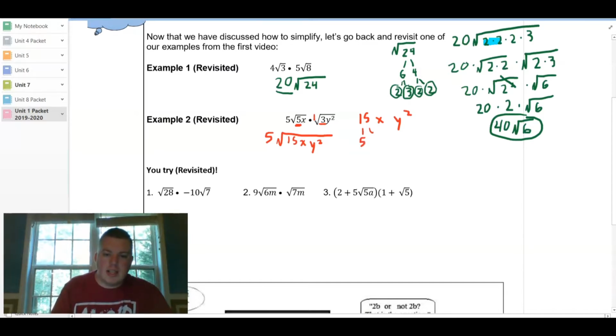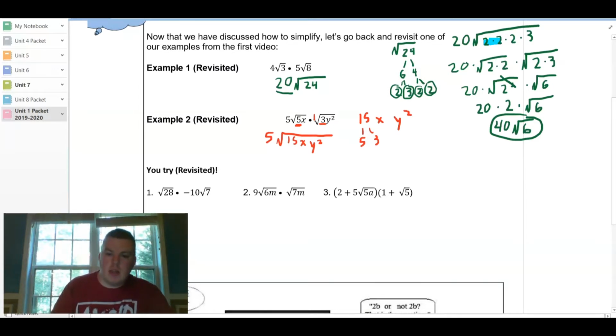Now it does work in this. Like I said, 15 is not a hard problem to come up with numbers for. But if this was like a 76, or if you had numbers like 24 and 48 underneath the radical, then that at least gives you a starting place where you can break down some smaller numbers as compared to having to try and guess the big numbers.